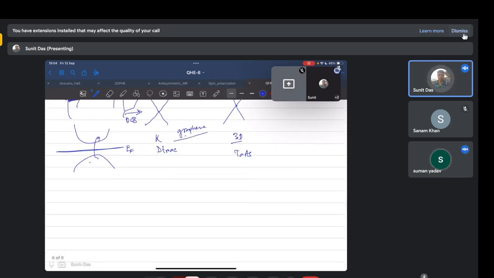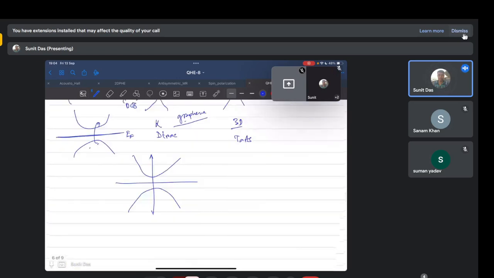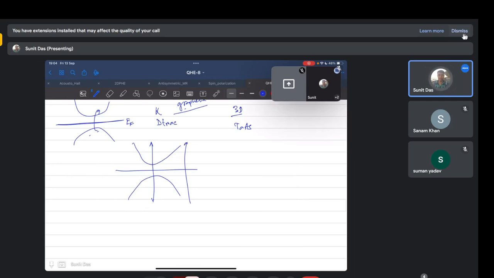If we have some parabolic bands of a simple free electron type model, and you draw the density of states along this, let's say we have K along this and DOS along this. It is better to talk about the energy space, because this is the energy direction and this is the DOS direction.